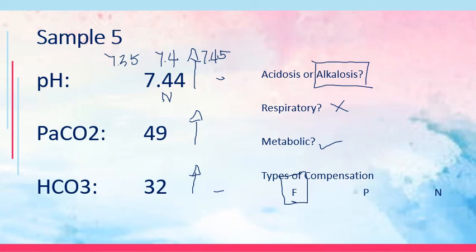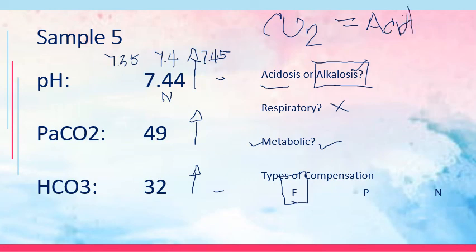If we are going to look deeper into that, remember our problem that is persistent is metabolic alkalosis. Since it is alkalosis, how do we compensate with alkalosis? We need an acidic state. And since our problem is metabolic, who will be compensating? It will be carbon dioxide. So, for us to compensate to that problem, what will happen? The carbon dioxide should increase, because again, carbon dioxide is equivalent to acid.